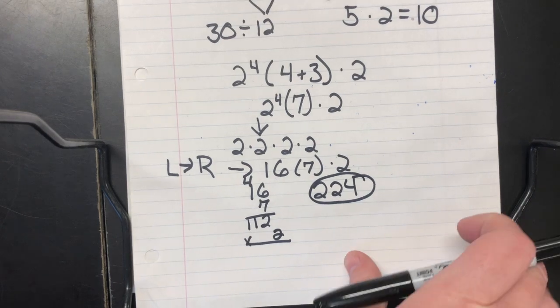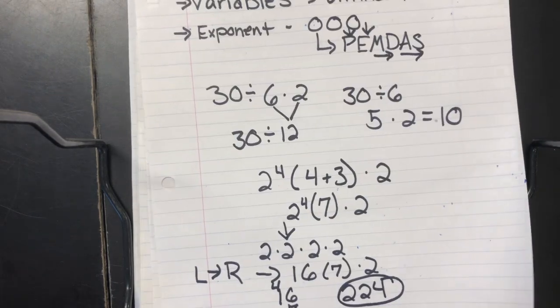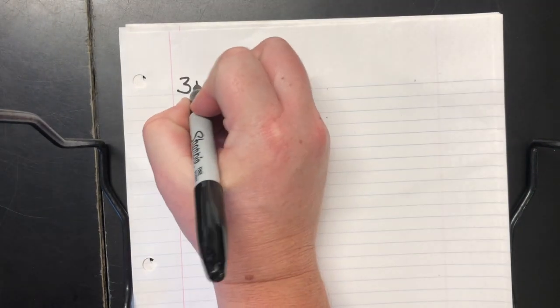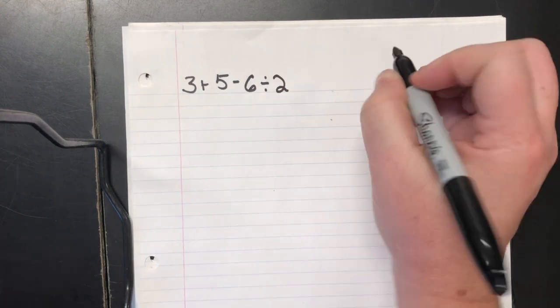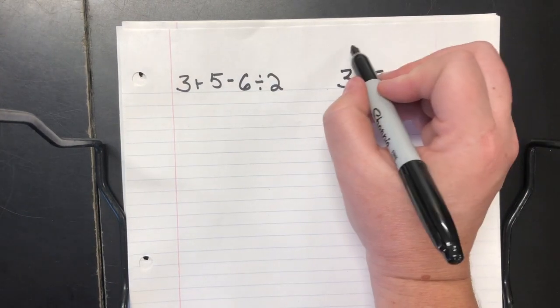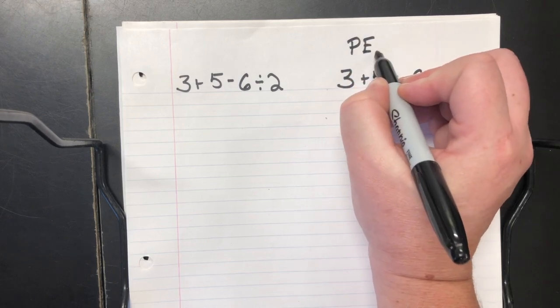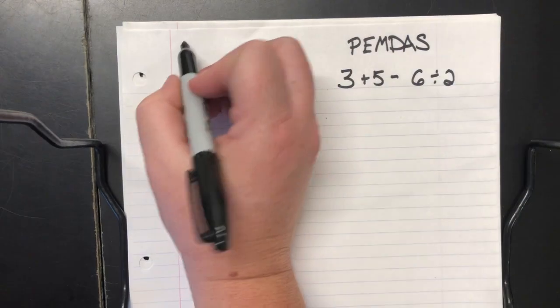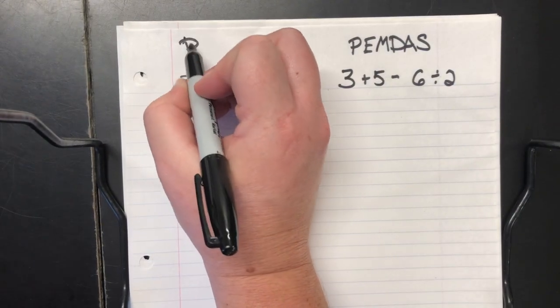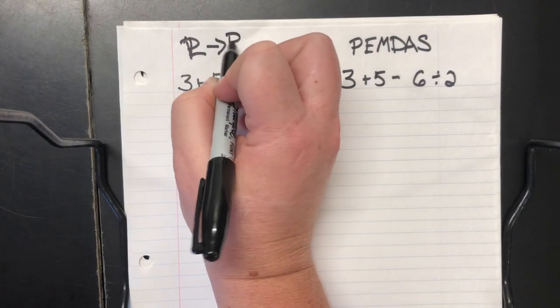Now, let me give you another example and do it both ways so you can see how it makes a difference. So if I have 3 plus 5 minus 6 divided by 2, and I write it twice, this one, I'm going to follow the PEMDAS rules. This one, I'm just going to go left to right.